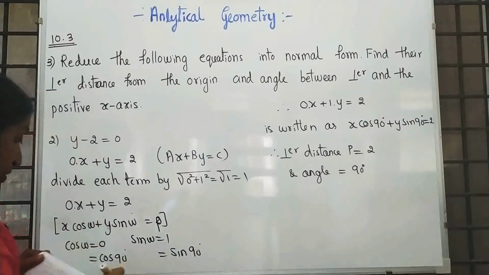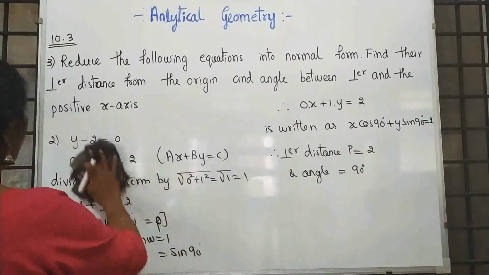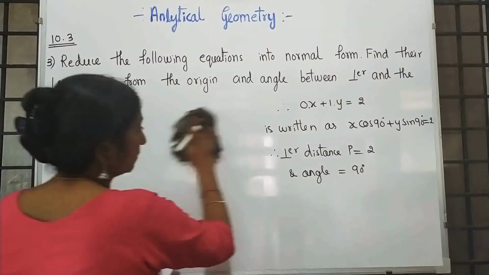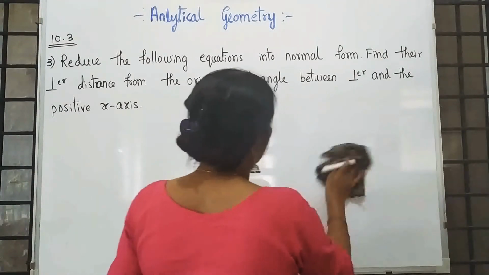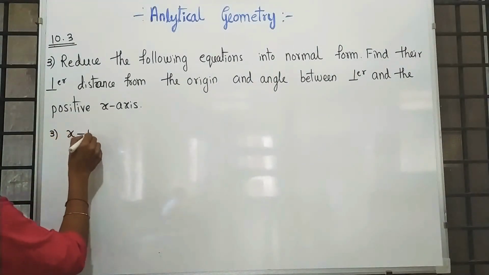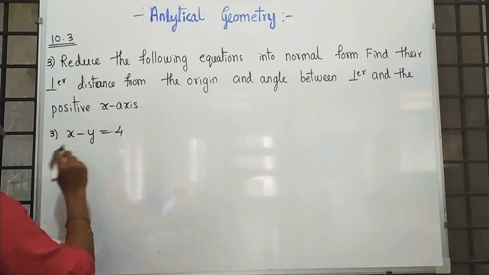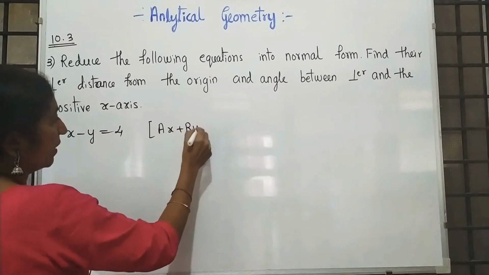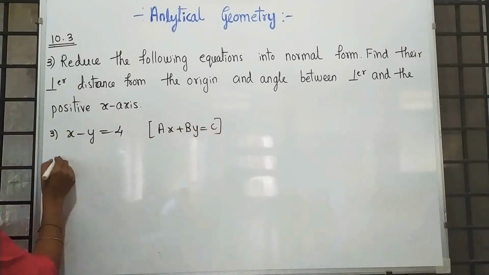Moving to the third question, that is x minus y is equal to 4. Third one, x minus y is equal to 4. You have to compare this with ax plus by is equal to c.